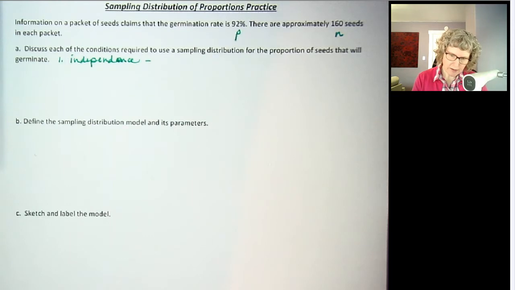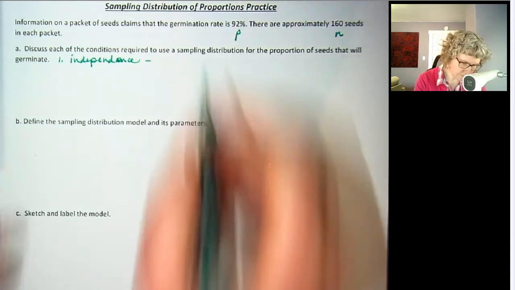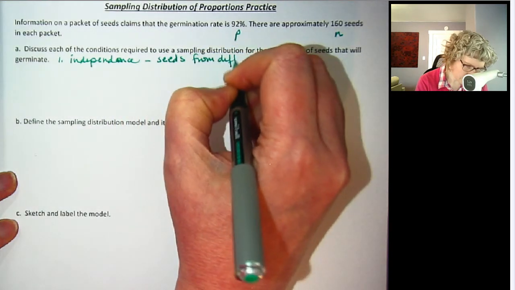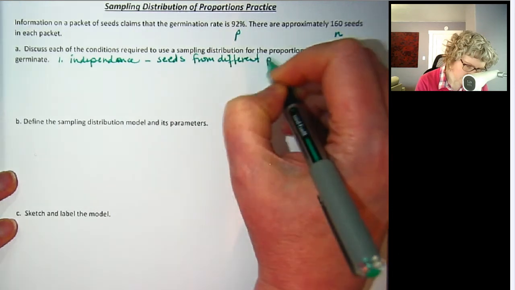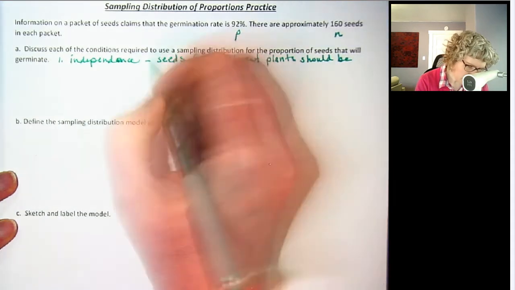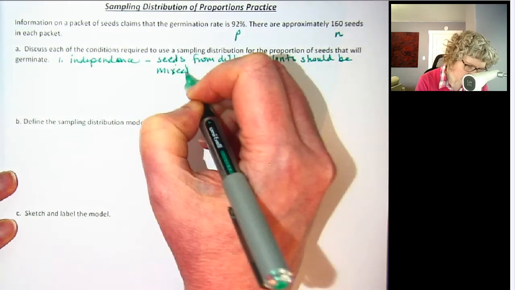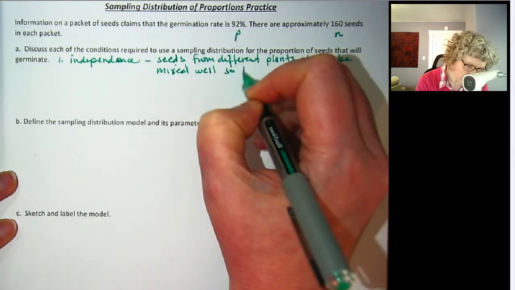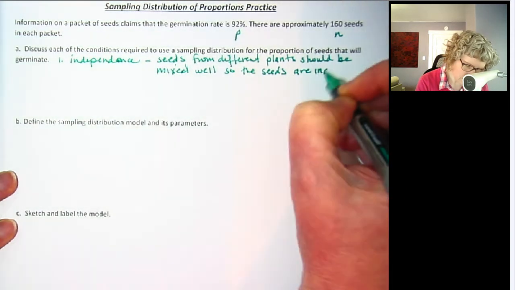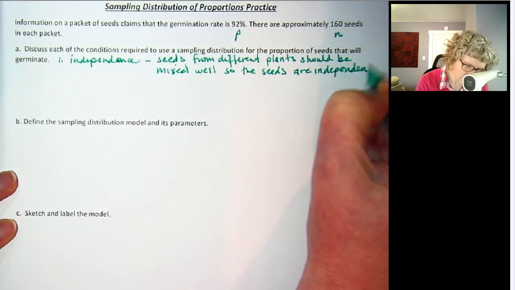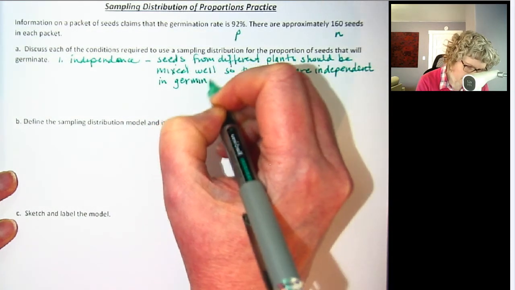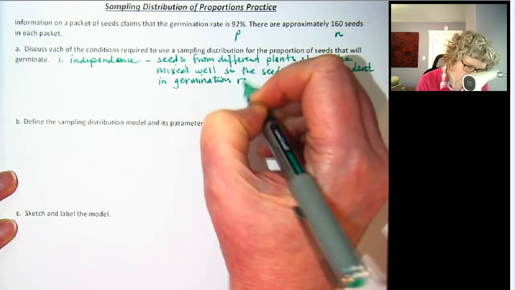So I would say that seeds from different plants should be mixed well, so the seeds are independent in how they germinate, or in germination rate.